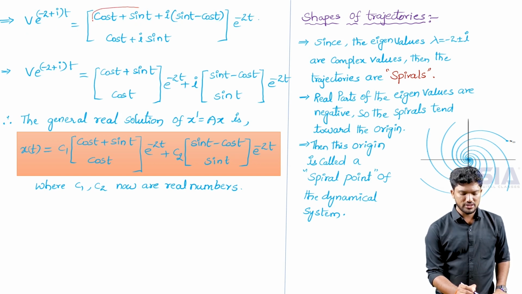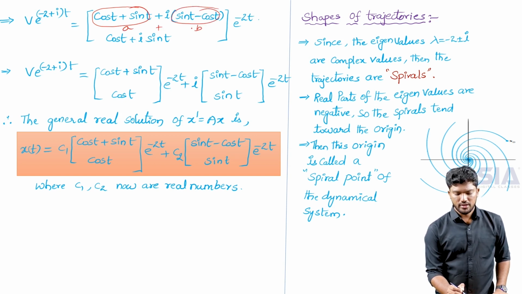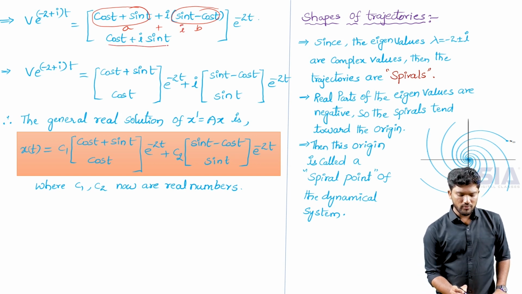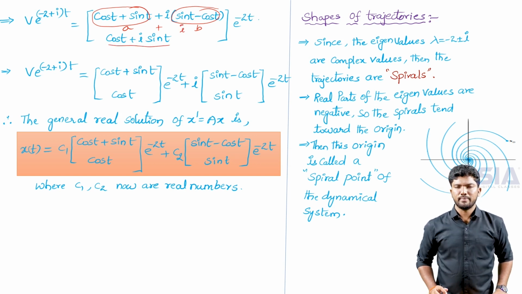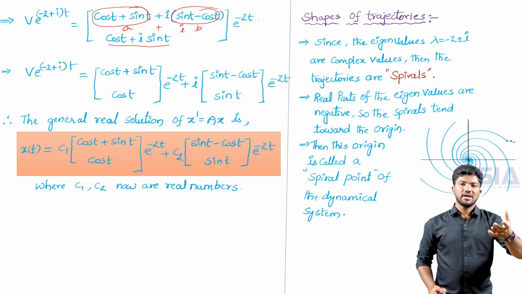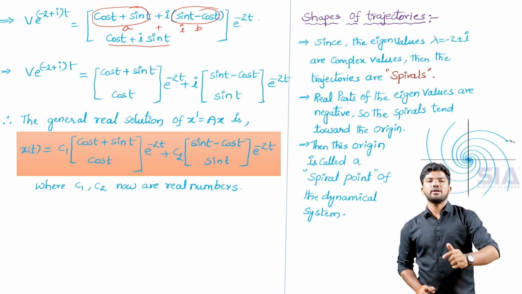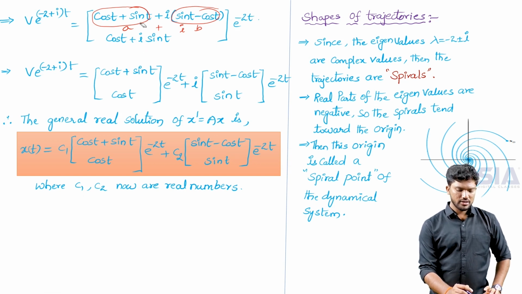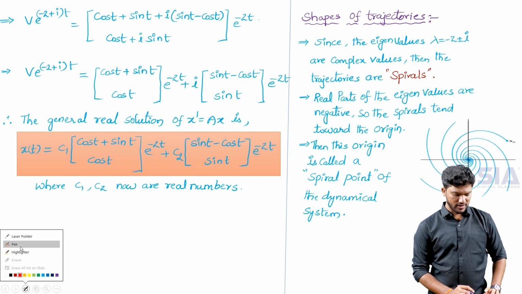So if you imagine this total value as small a and this total value as b, so a plus bi, the second row value is also in the a plus bi format only. That means we have real parts and we have imaginary parts. So now you can separate the real part and the imaginary parts with respect to that exponential function.